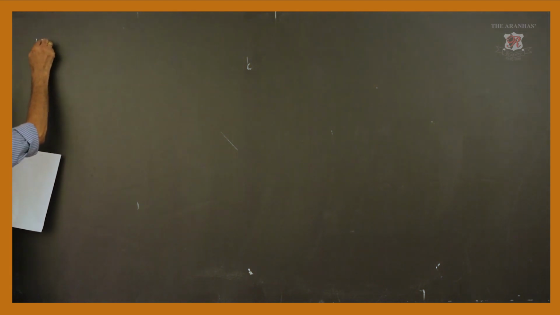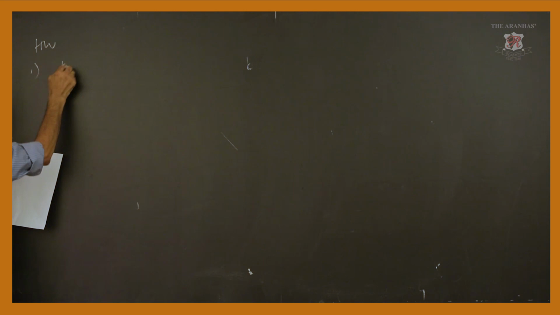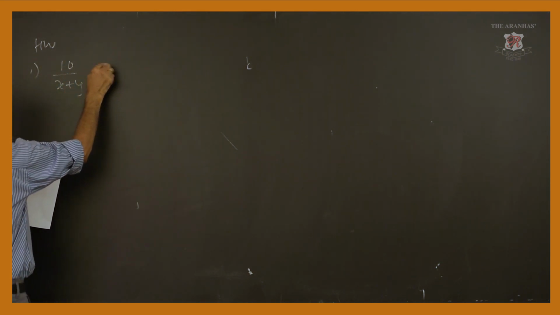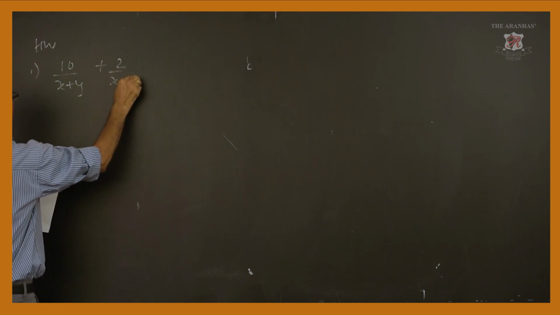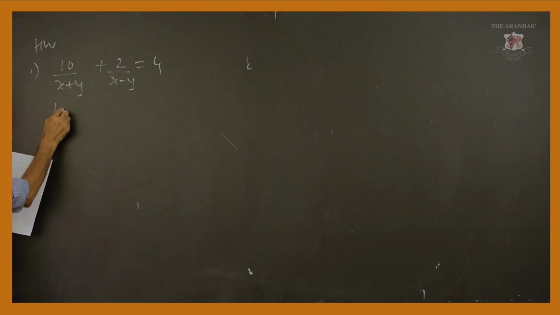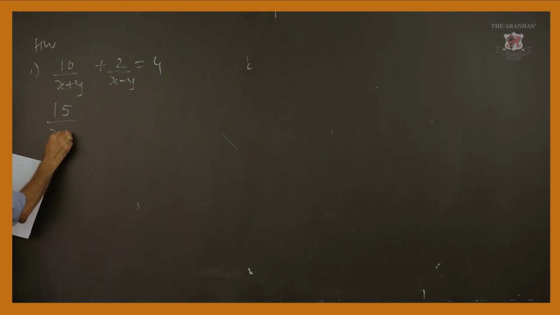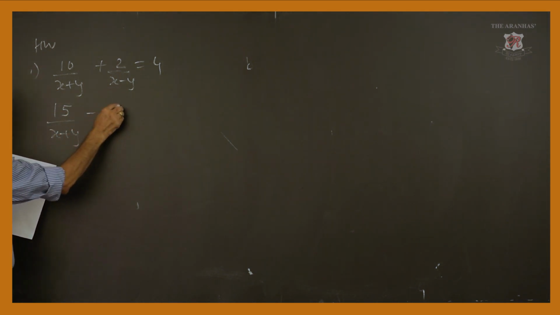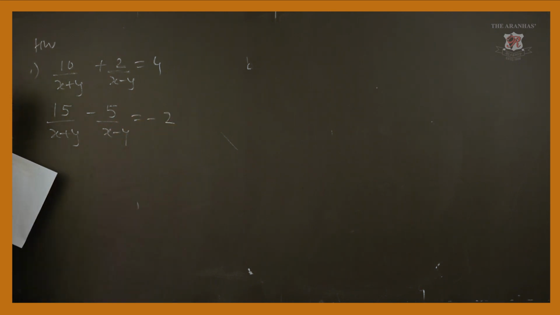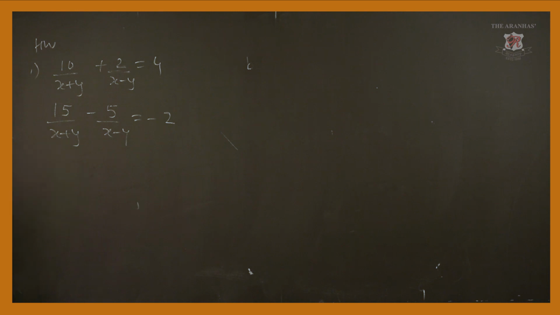This is for homework. 10 upon x plus y plus 2 upon x minus y is equals to 4 and 15 upon x plus y minus 5 upon x minus y is equals to minus 2. Same type, so try this.